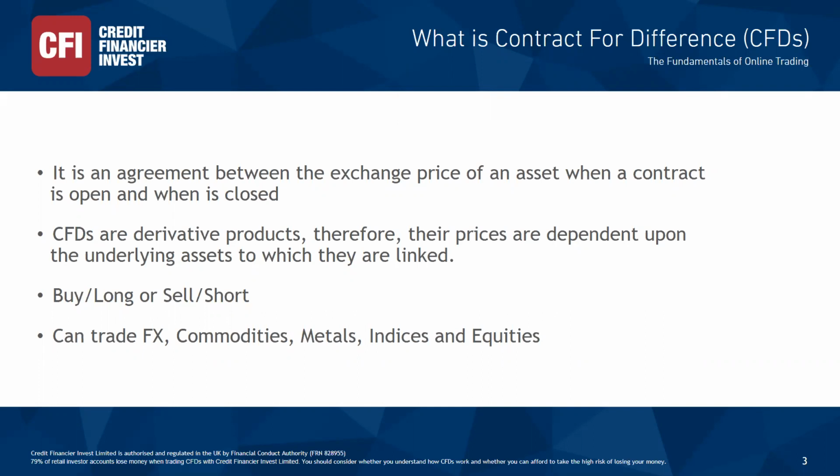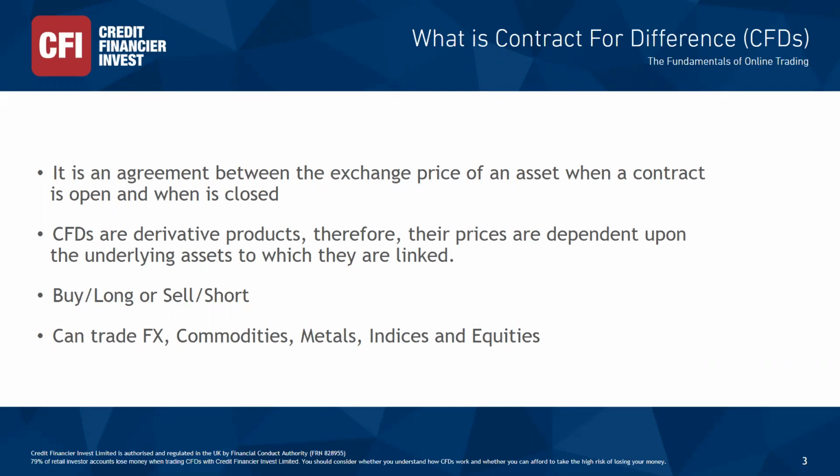So let's say, for example, if you believe the price of gold will go up, then you simply buy. And then if the market goes in the same direction, you might close that position at a later stage. And the same applies if you believe that the price of gold will go down: then you will sell gold in this case.